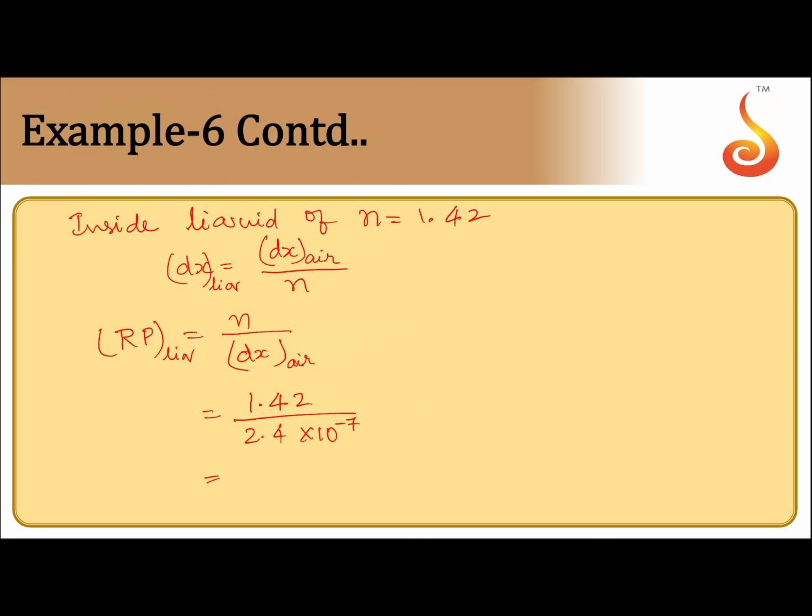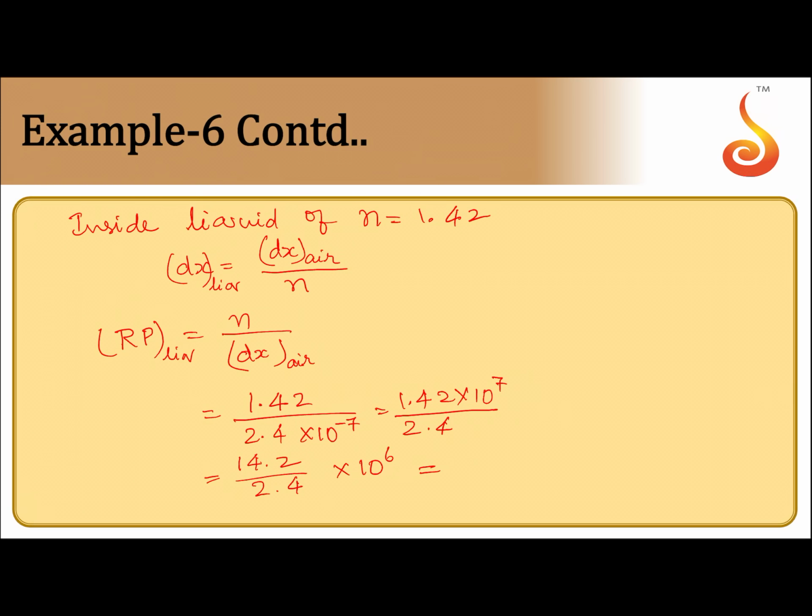Now simplify this. If 10 power minus 7 goes to the numerator, it will be 10 power plus 7. So I can write it as 14.2 divided by 2.4 into 10 to the power 6.